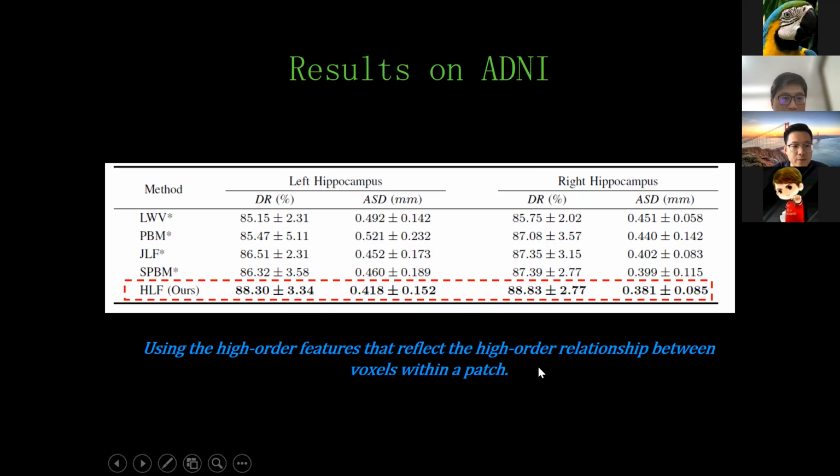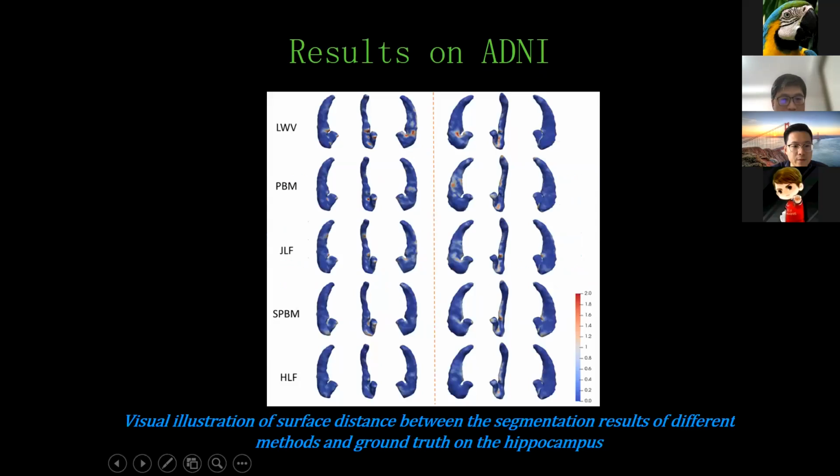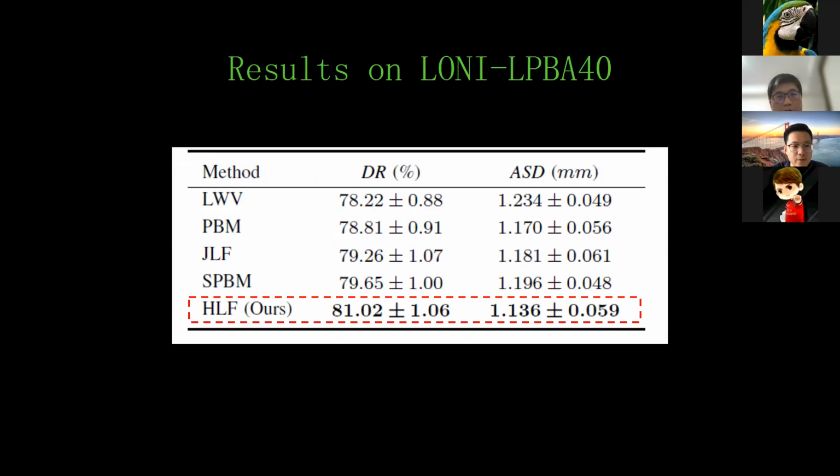This is the visual illustration of the surface distance between the segmentation results of different methods and the ground truth on the hippocampus ROI. And these are the segmentation results. Another dataset is LPBA40.